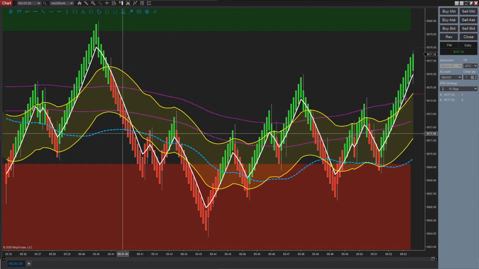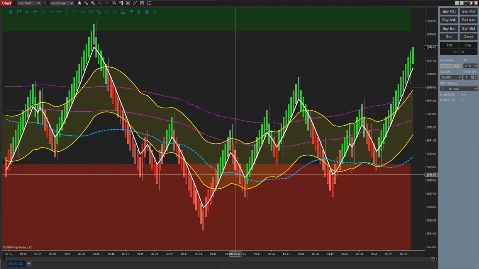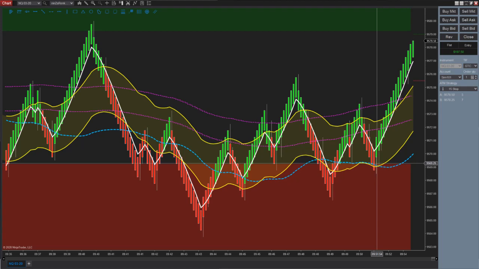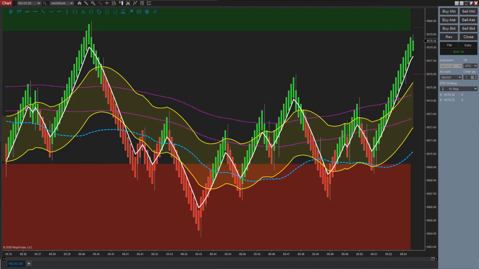It was resistance over here in this area, then acted as support, then support again, and then is again support. There you go. That's what I was saying about here. Stop here, profit at least here, but if they break this high, they're gonna go all the way up there.